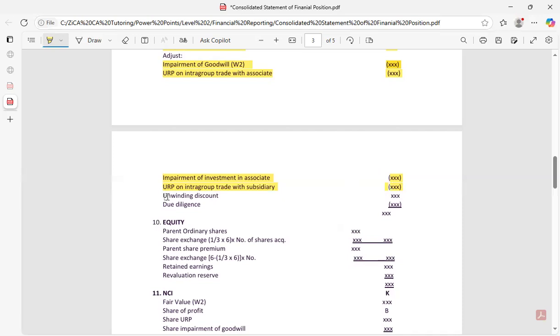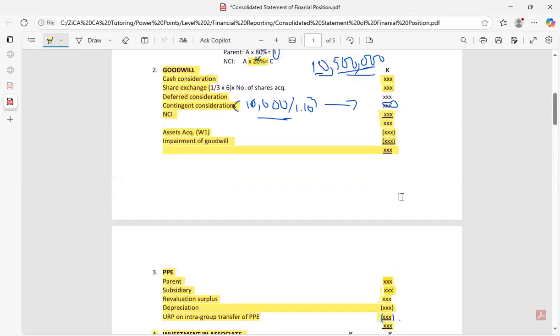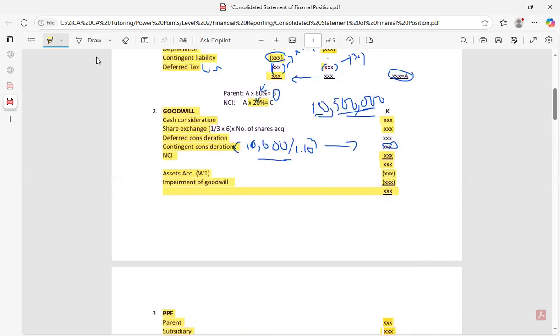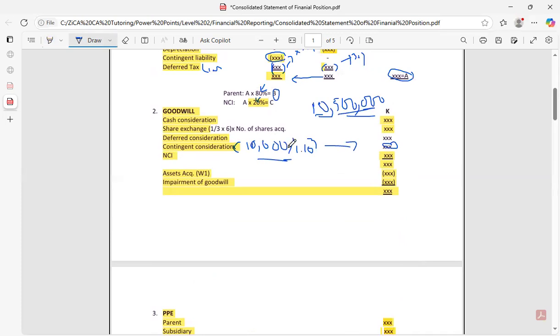And then there's also what we call unwinding discount, right? So this unwinding discount here, when we're calculating the goodwill for the value for the contingent liability, we divided by a factor of 1.10. Here, this is what we call discounting.